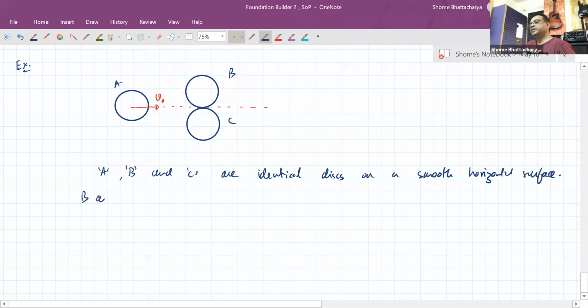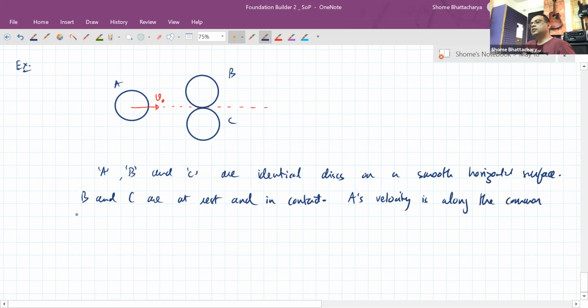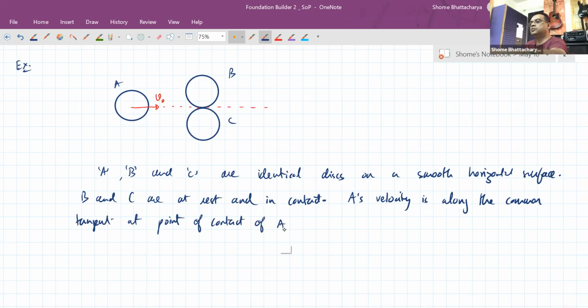B and C are at rest in contact, whereas A's velocity is along the common tangent at the point of contact of B and C. Okay.